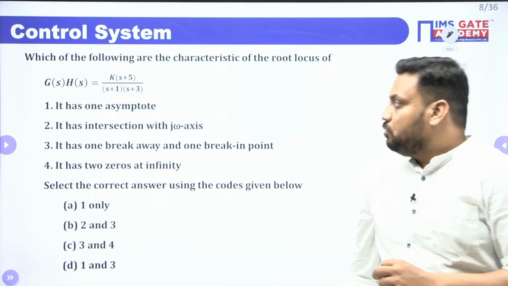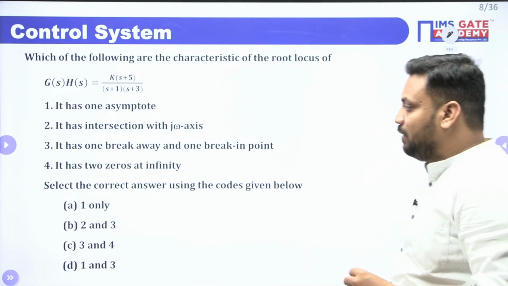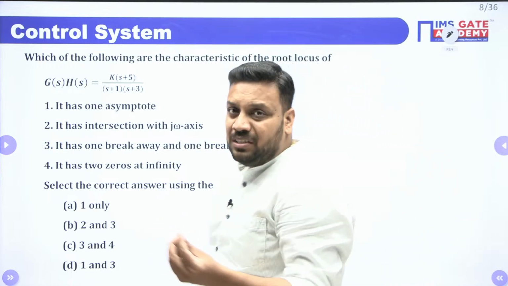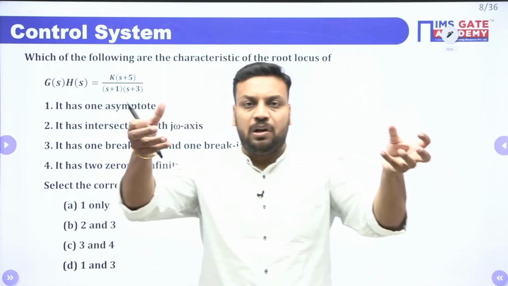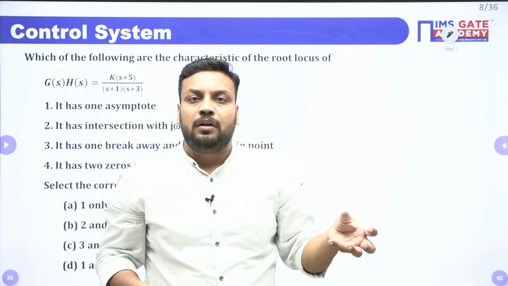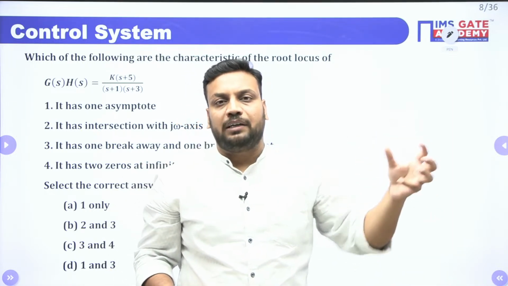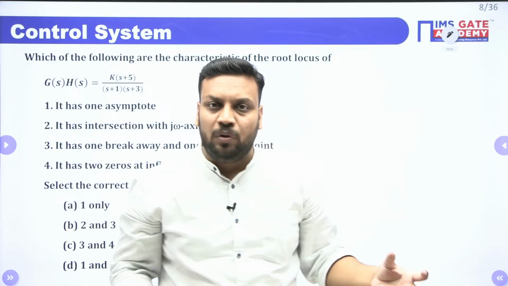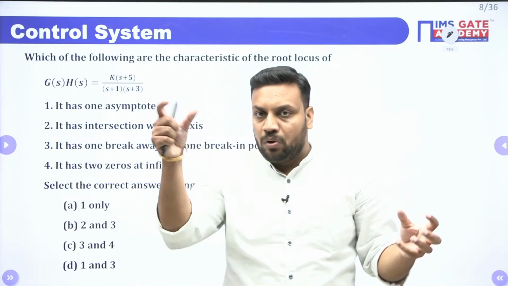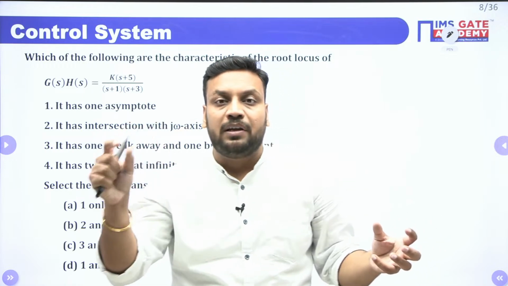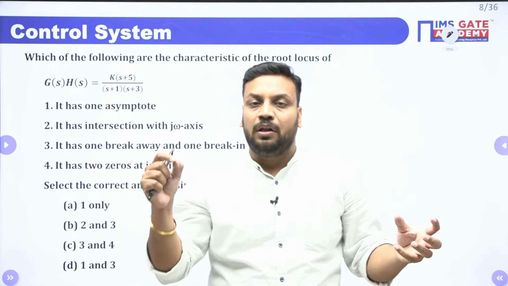First of all, I must revise some concepts of root locus. Here the meaning of root is the roots of the characteristic equation, which are the closed loop poles, while locus represents the graphical representation of points or the path.